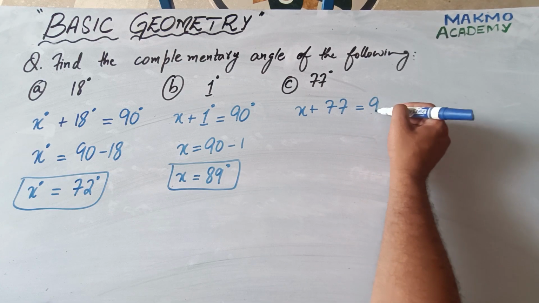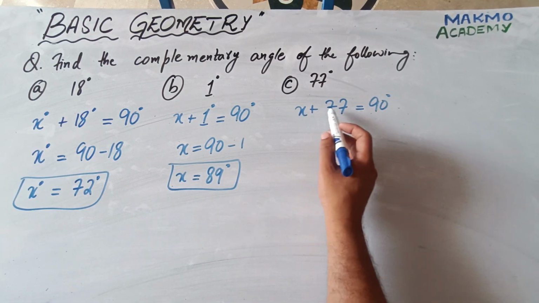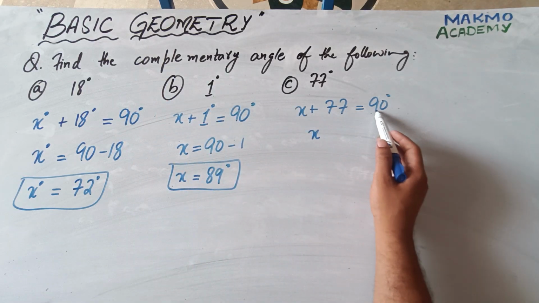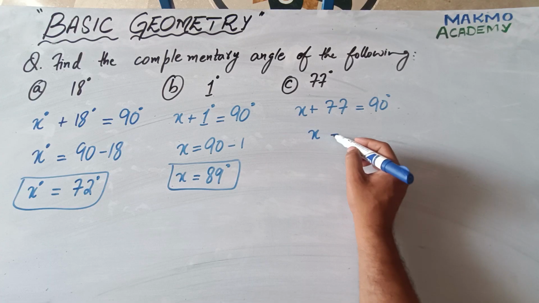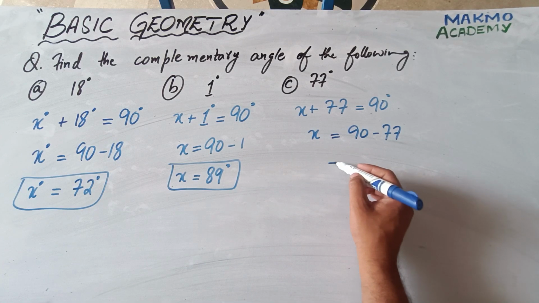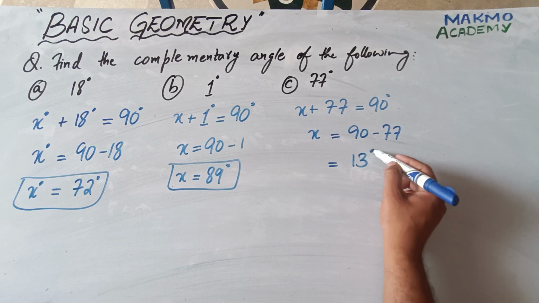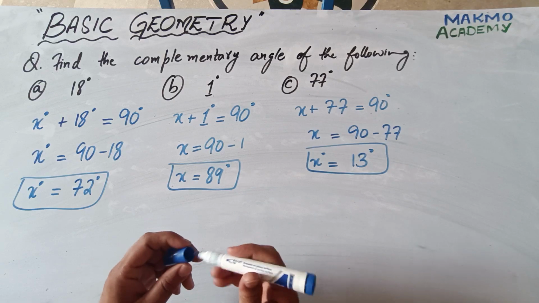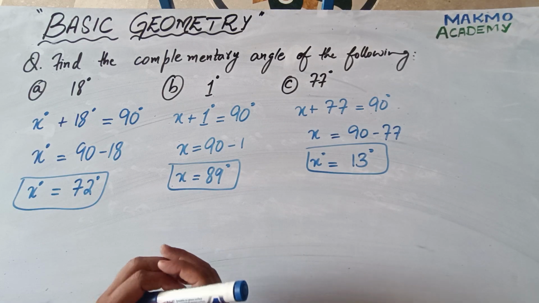Whenever you see the word complementary, the sum of the two angles should be equal to 90, and then after doing simple mathematics you will get the final answer, 13 degrees. So this is how we can find a complementary angle when one of the complementary angles is given.